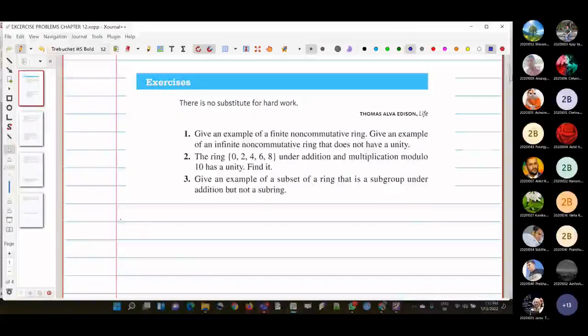So, the answer to the first question: finite and non-commutative.